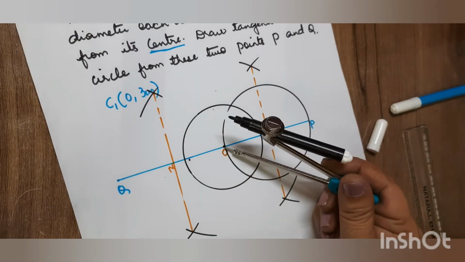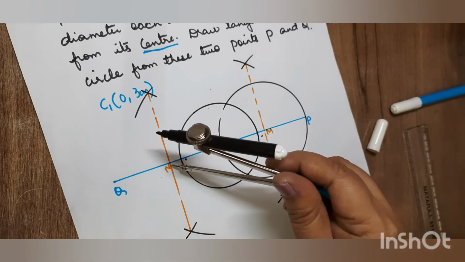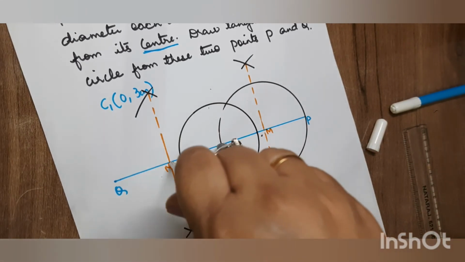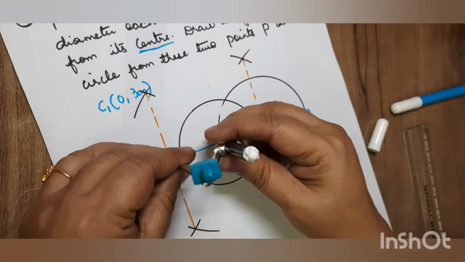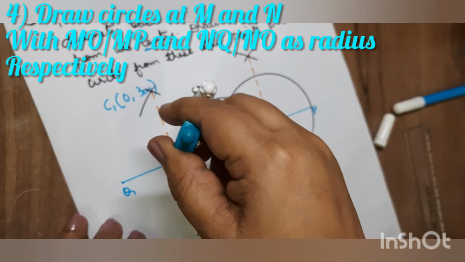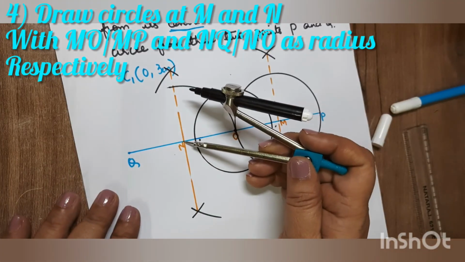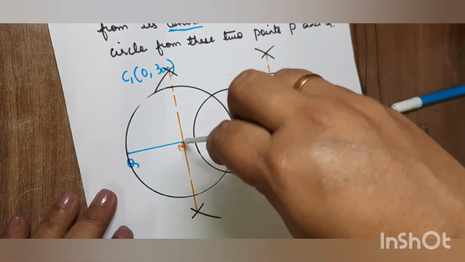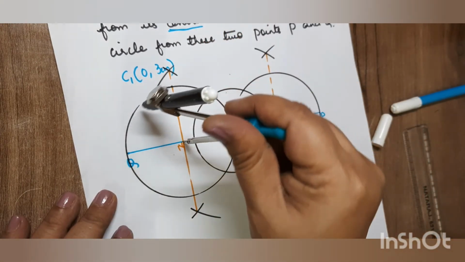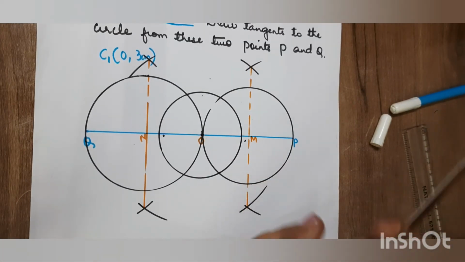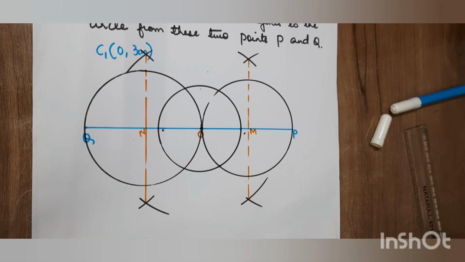Then this side also a circle, from N to O. Because both are the same, it will be the same.